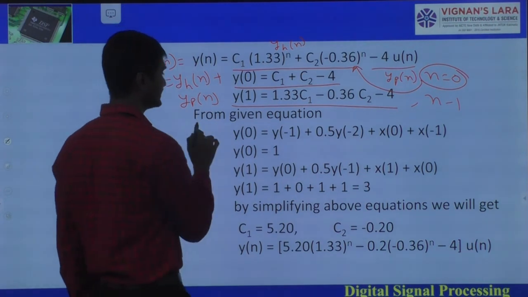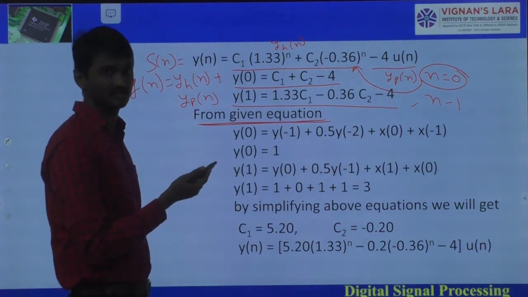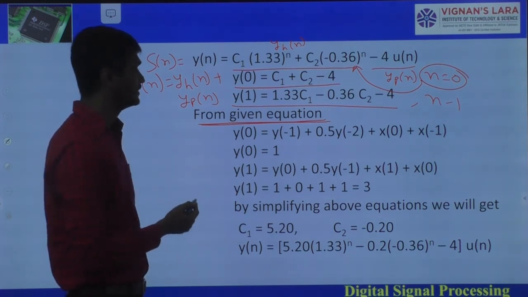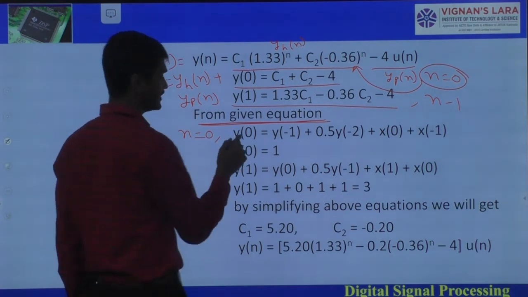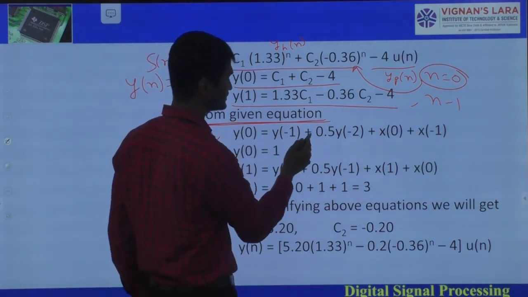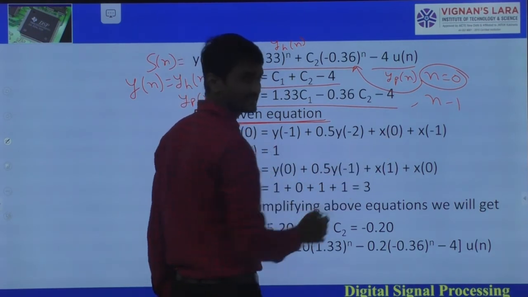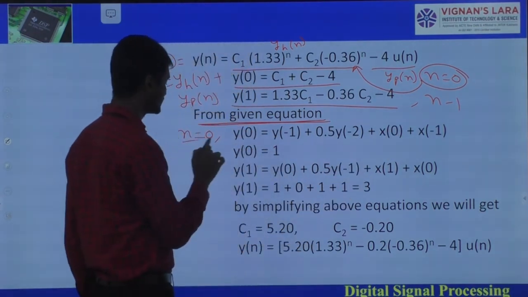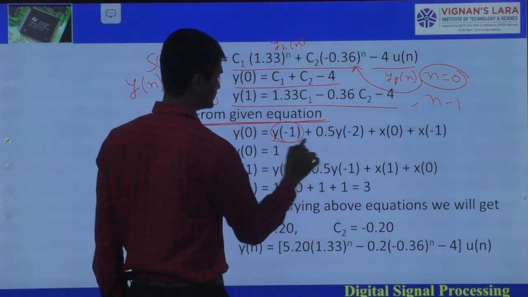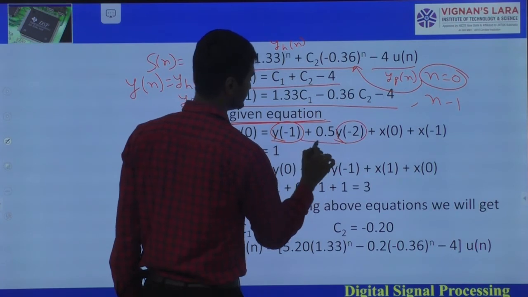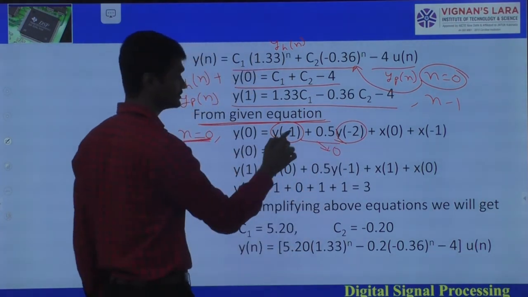Next, from the given difference equation, substitute n equals 0. y[0] is equal to y[-1] plus 0.5 y[-2] plus x[0] plus x[-1]. We take the initial conditions as 0, so these two are 0.